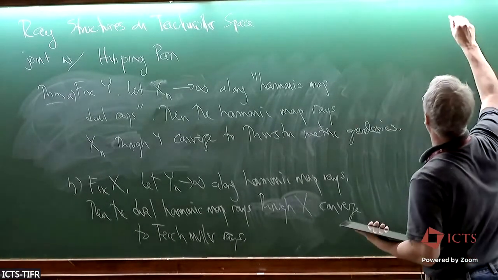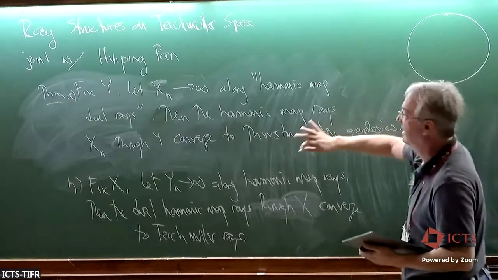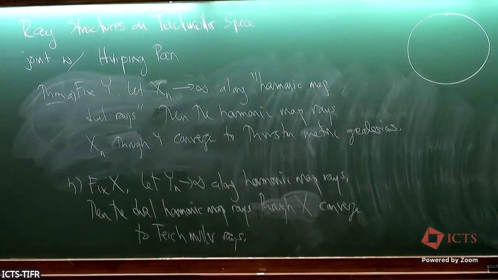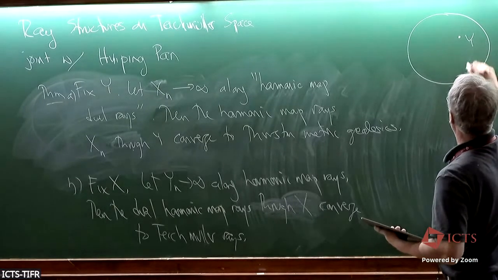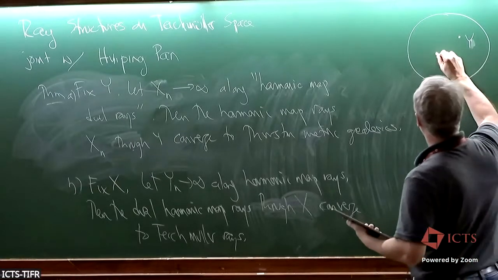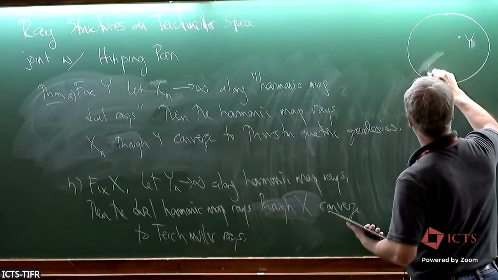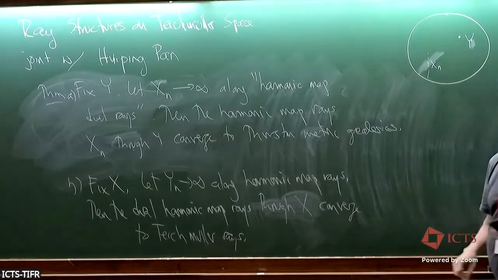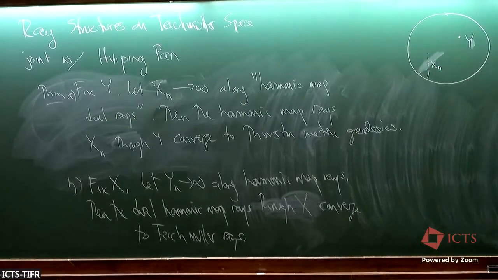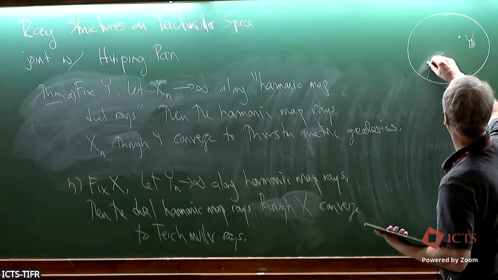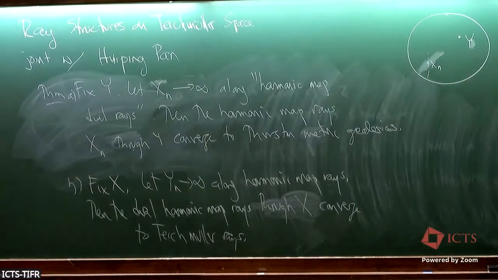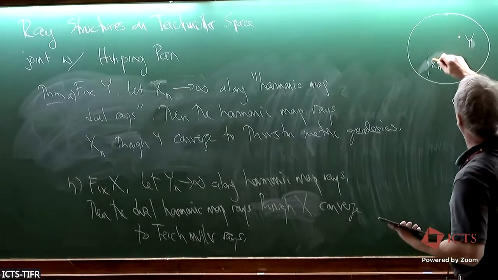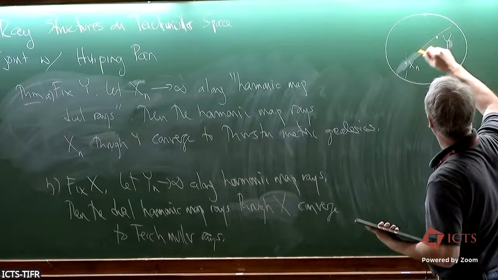So for the first one, I have some good ways of going to infinity. That's the dual map. Forget that for a minute. I have a target y, and I have some family x_n that's degenerating in a controlled way. Well, for each of these x_n's, I think I used orange, I have a harmonic map ray that goes through y.